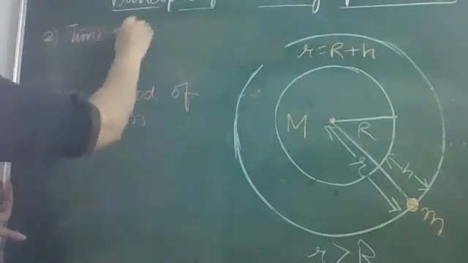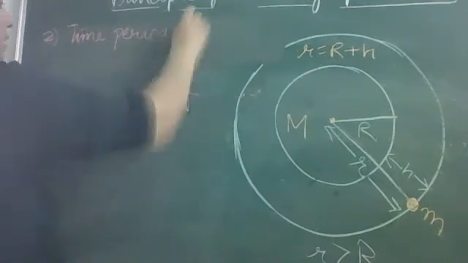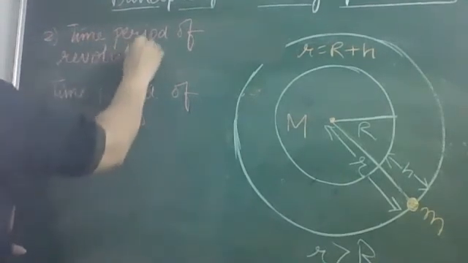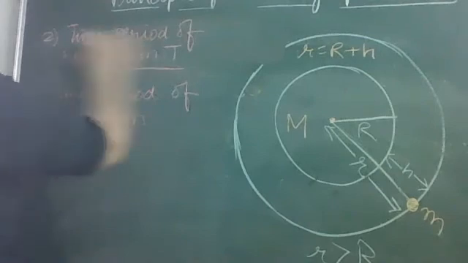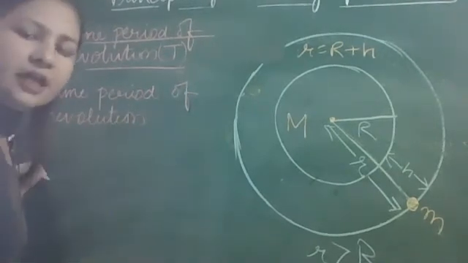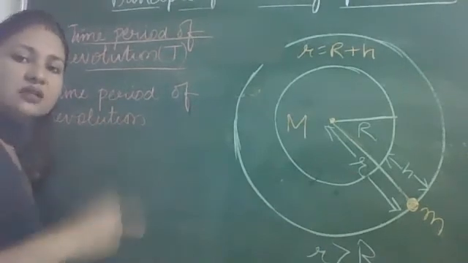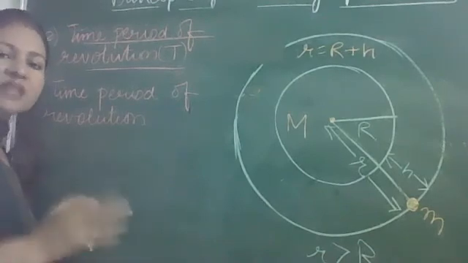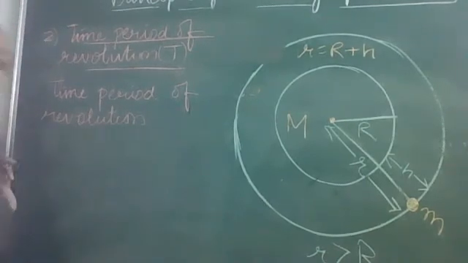We haven't found this yet. Time period of revolution, capital T. By definition, it is the time taken by satellite to go once around the planet. That is called time period of revolution.